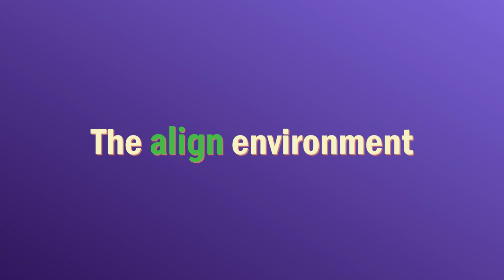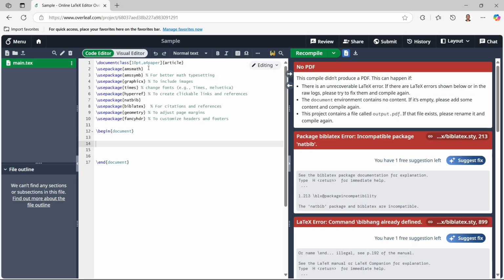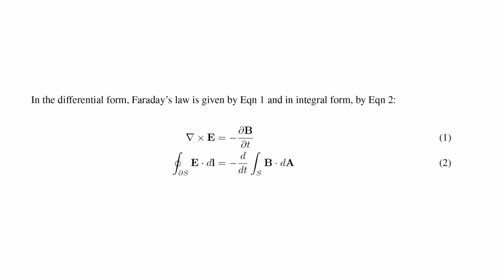Next up is the align environment, one of the most powerful tools in LaTeX for formatting multiple equations. It is part of the AMSMath package and is perfect for aligning equations at a specific symbol, usually the equal sign. Let us see how to reproduce this equation in LaTeX using the align environment.